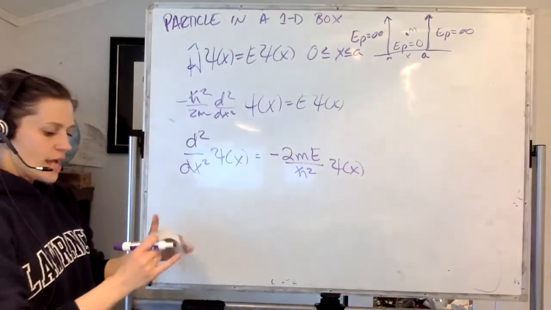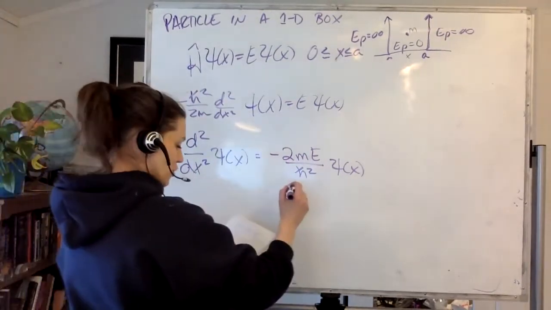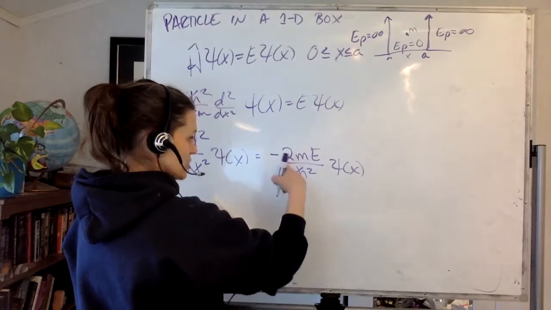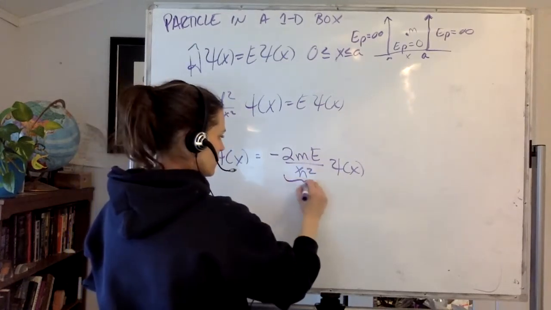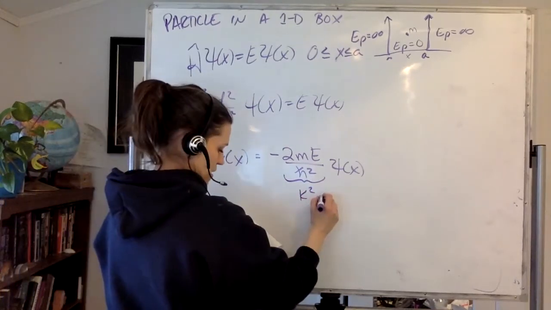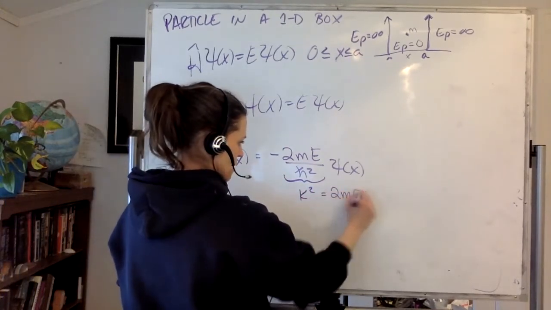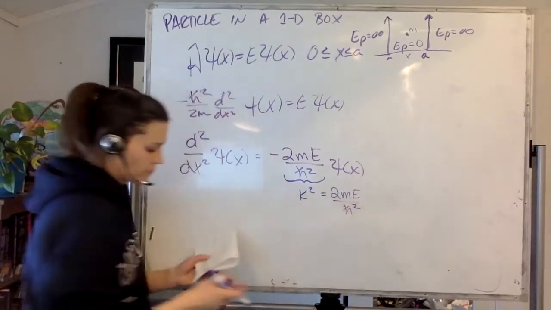And for convenience, and you'll see why in a little bit, I'm going to rename 2mE over h bar squared. I'm going to call this k squared. So k squared equals 2mE over h bar squared.